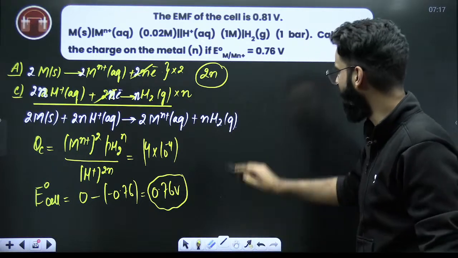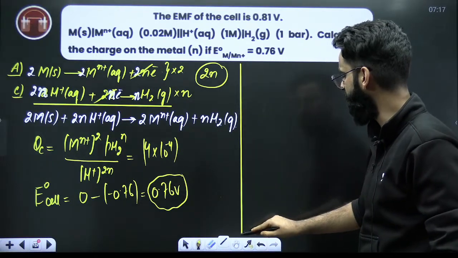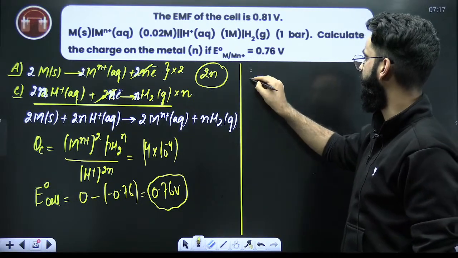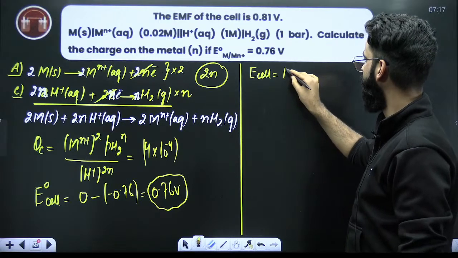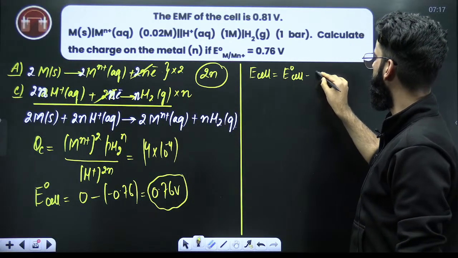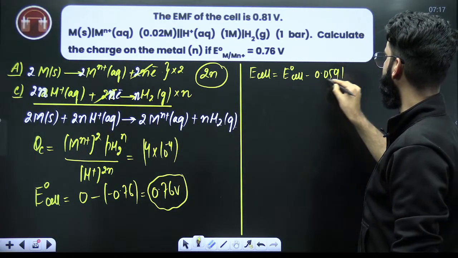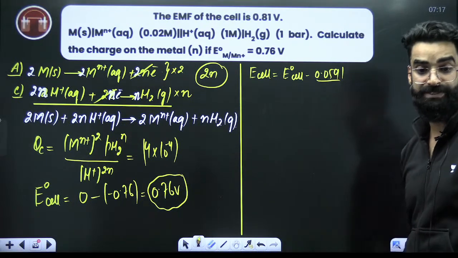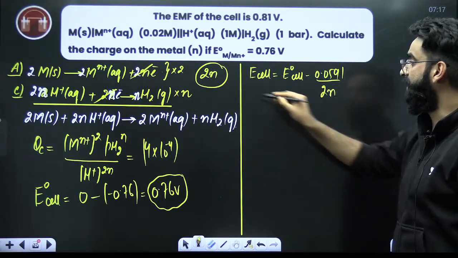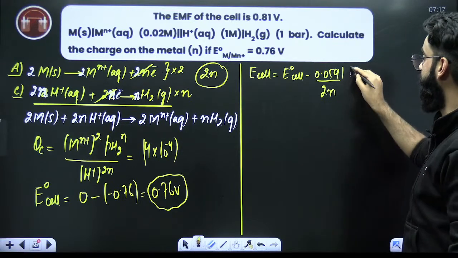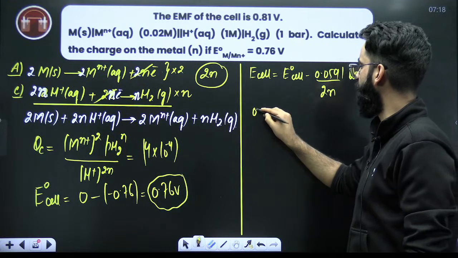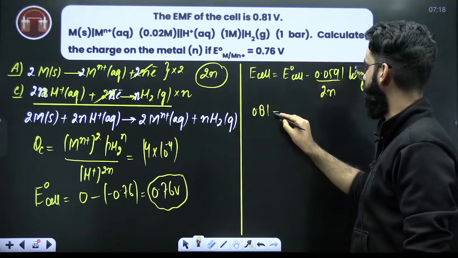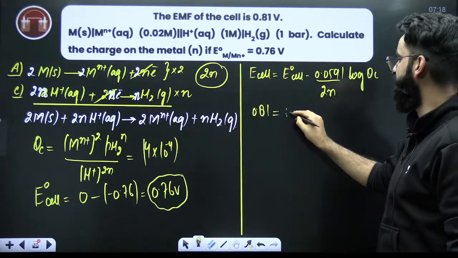I believe all the parameters are calculated. Now it is the time to use the Nernst equation. You'll be writing E cell is equal to E naught cell minus 0.0591 divided by n. But here you are not going to use n. Here you will be writing 2n because 2n moles of electrons are exchanged. Then you will be writing log of QC. So E cell value as per the question, that's 0.81, is equal to E naught cell, which is 0.76.